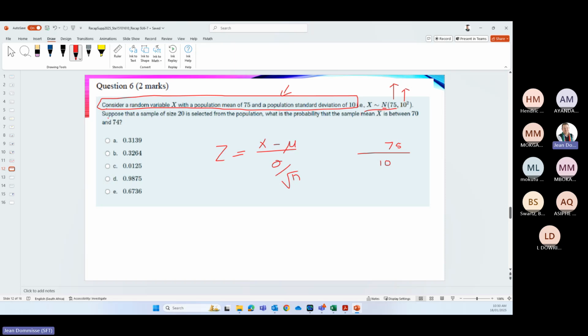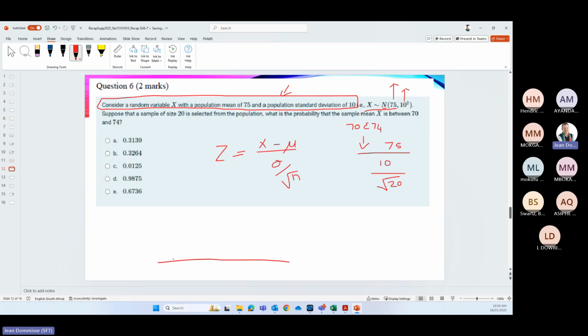Then they tell you, suppose that a sample of size 20, so there we go to complete that, selected from the population, what's the probability that the sample mean is between 70 and 74? Okay, so basically what we're going to add here is going to be a 70, and then we're going to put in a 74 as well.